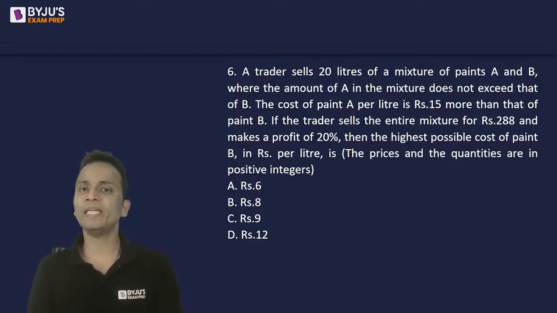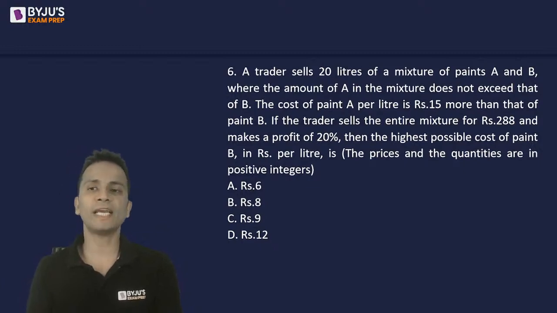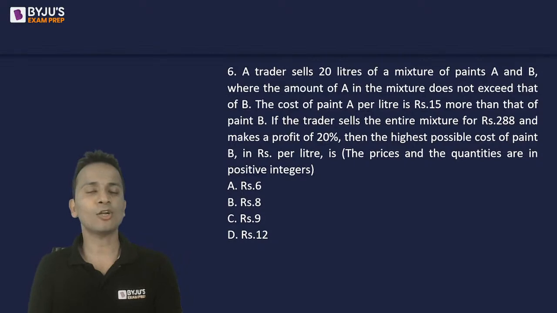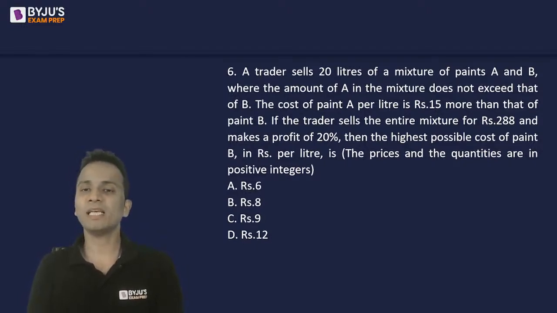A trader sells 20 liters of a mixture of paints A and B, where the amount of A in the mixture does not exceed that of B. The cost of paint A per liter is rupees 15 more than that of paint B. If the trader sells the entire mixture for rupees 288 and makes a profit of 20%, then the highest possible cost of paint B in rupees per liter is how much? It is given that the prices and the quantities are in positive integers.